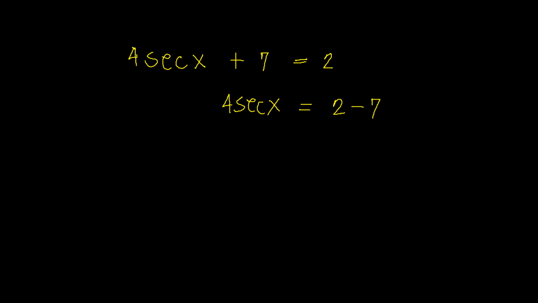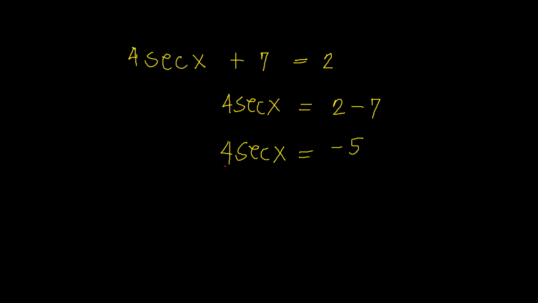Also, another is when you have 4 secant of x plus 7 is equal to, let's say, 2. So we have 4 secant of x is equal to 2 minus 7, that is equal to negative 5.